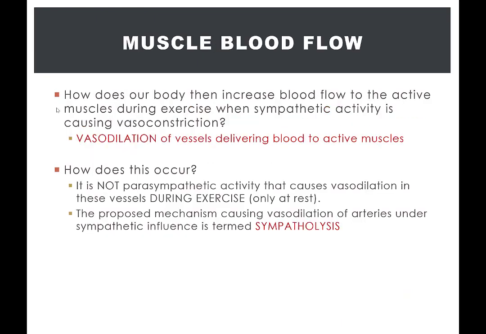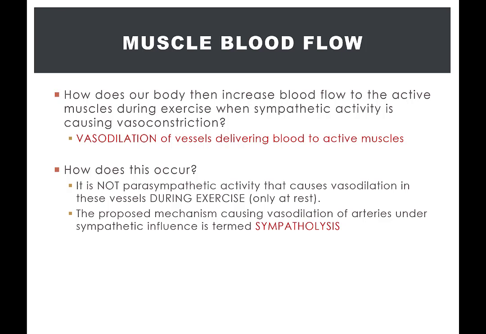So then how does your body increase blood flow to active muscles during exercise when sympathetic activity is causing vasoconstriction and a more narrow pathway for blood to flow? There is increased blood flow to active muscles during exercise because arterial vessels specifically surrounding active muscles undergo vasodilation, while all other arteries are again undergoing vasoconstriction due to the sympathetic activity.